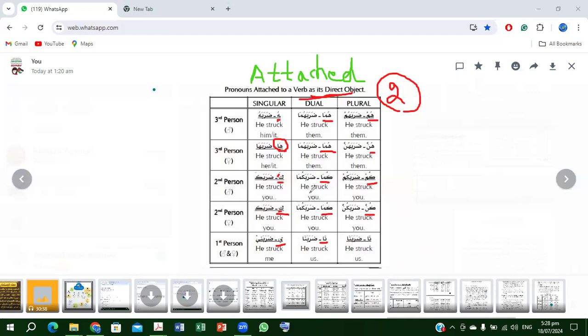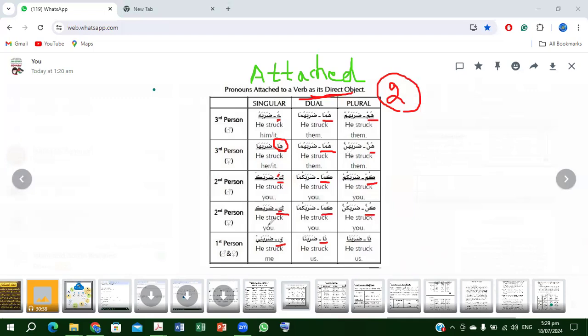Darabakuma, he hit both of you. Darabakum, he hit all of you. He hit or struck anything. Darabaki, it is for female singular, he hit you. If I'm telling to Faika, I will say darabaki, he hit you. But if I'm talking to Ibrahim, I will say darabaka, he hit you.